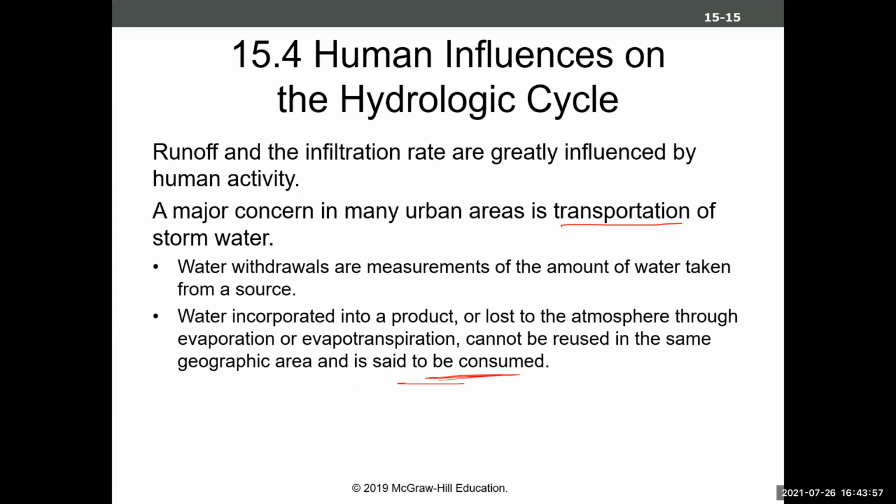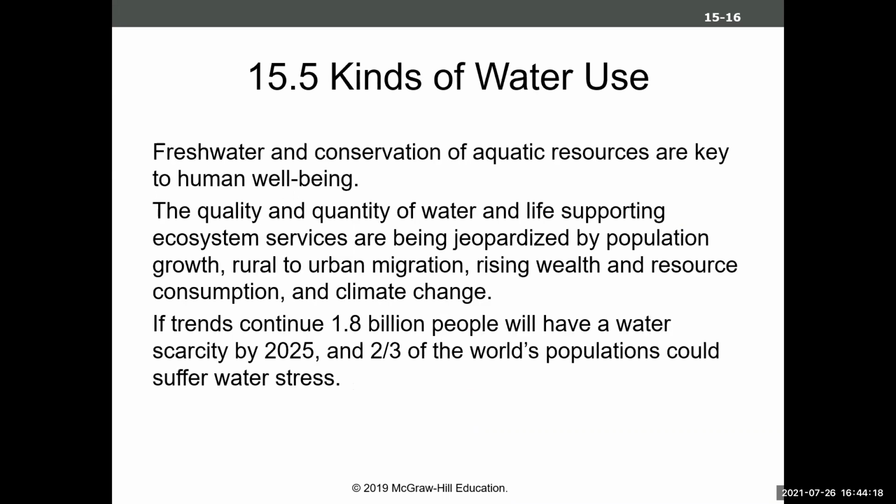And so this storm water then can be evaporated, it can go into the atmosphere, or it can be withdrawn and used for another location, right? And so that storm water again has to be transported somewhere, either through evaporation, withdrawals and moving it somewhere, or through, say, a drainage system.